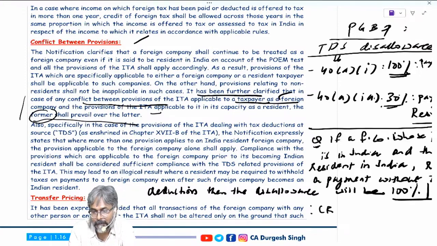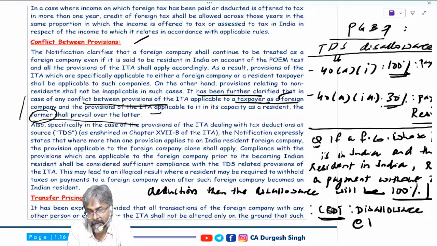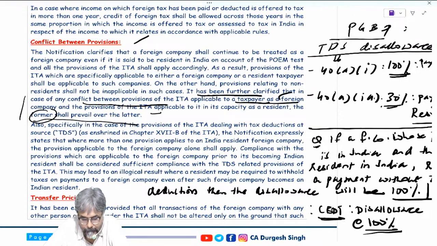So herein the CBDT answer would be that the disallowance would be at 100%.